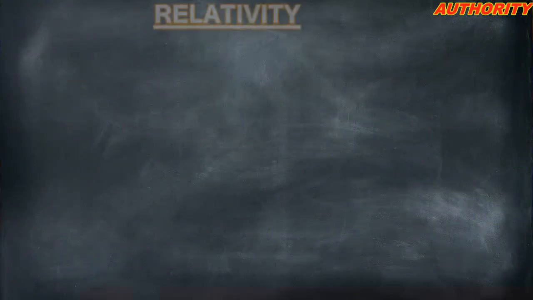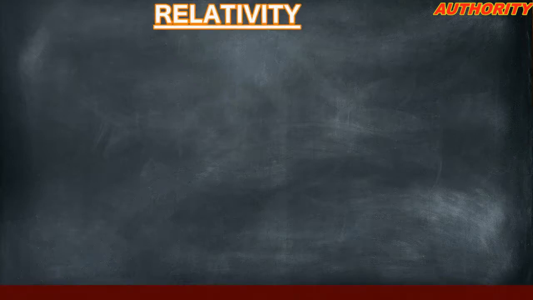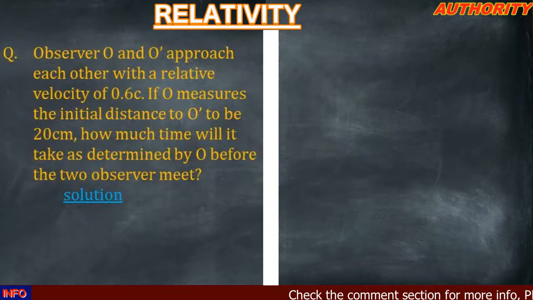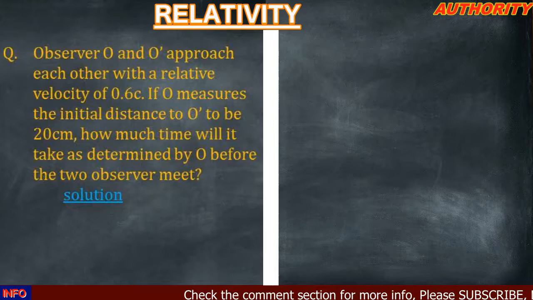Today we want to talk about relativity, and let's consider this question. Observers O and O prime approach each other with a relative velocity of 0.6 c.